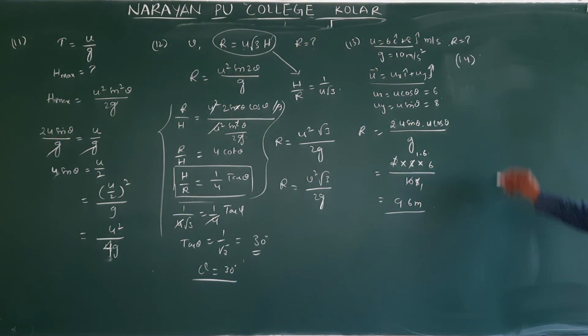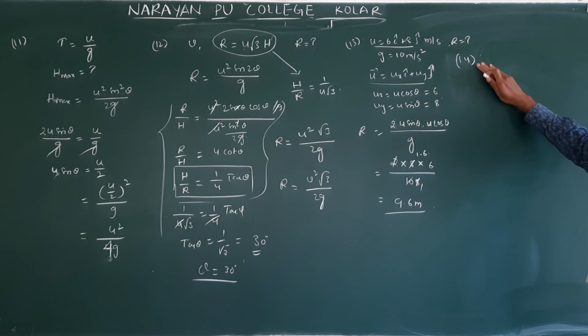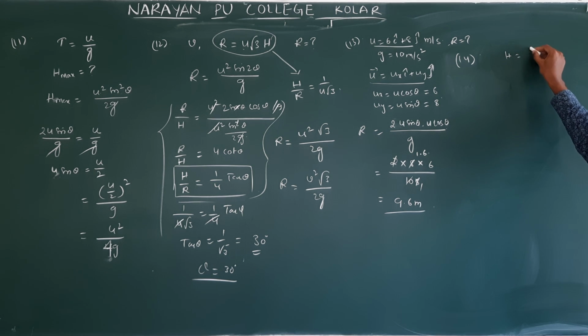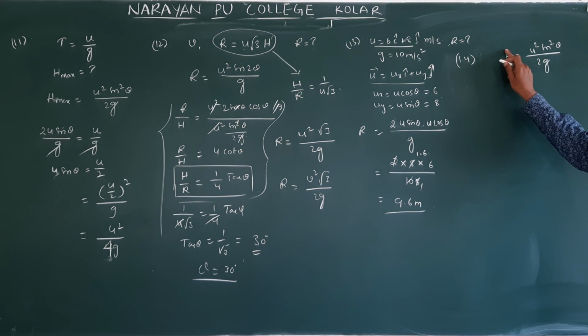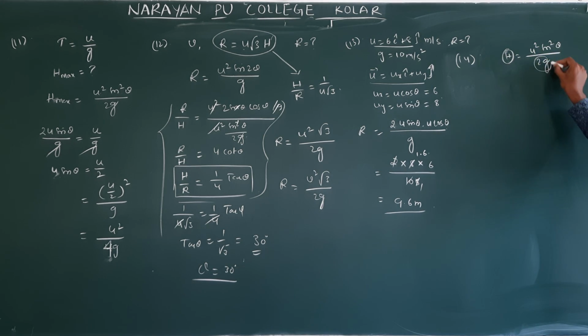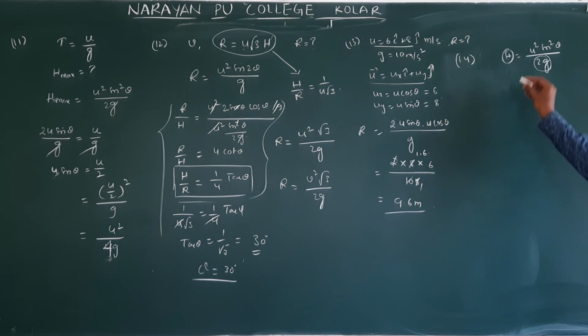So whenever they ask the ratio questions, first write the formula. H is equal to u square sin square theta by 2g. This is the H formula. What they are asking? Velocities ratio they are asking, and they mention H is same, g is same for both.